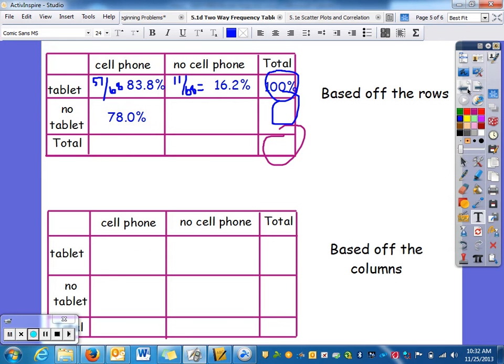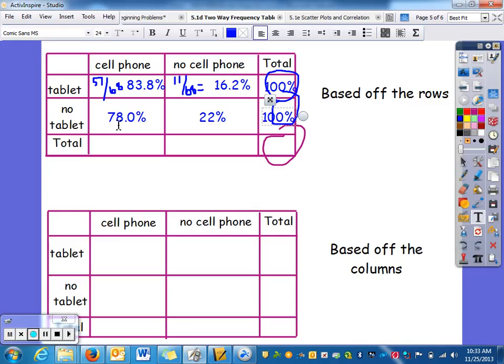And then we have 29 over 132. Which is 21, or actually 22% even. Alright, and then this would add up to 100%. Okay.